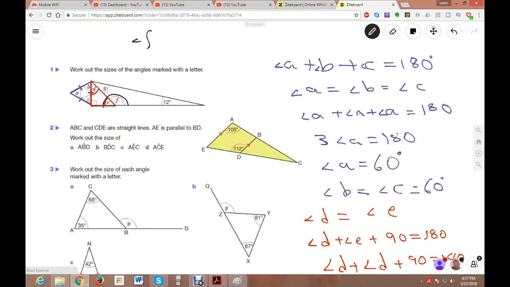Because angle F and angle E are supplementary angles, their summation is 180. So angle F plus angle E, which is 45, is equal to 180 according to the supplementary angles concept. So angle F is 180 minus 45, which gives you 135. So F is therefore 135.